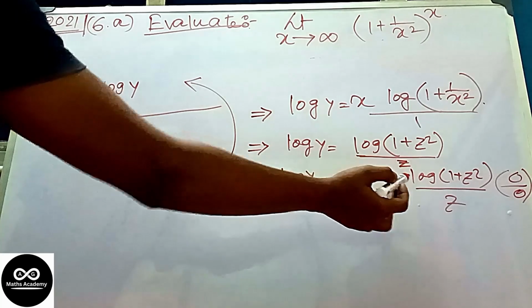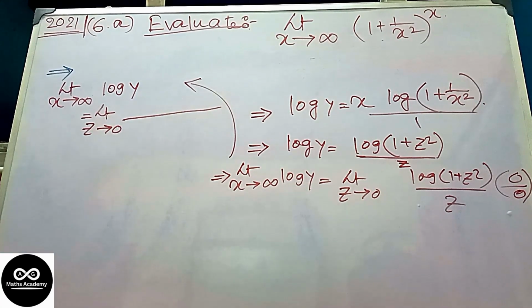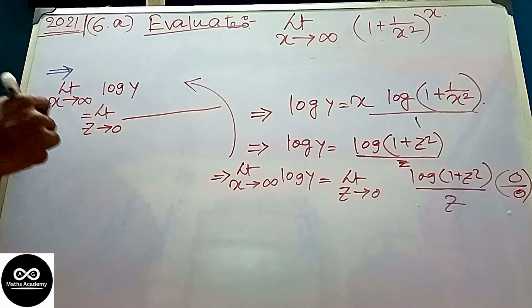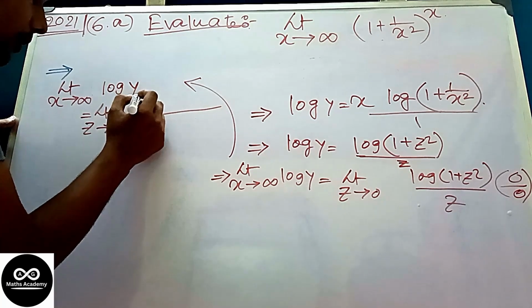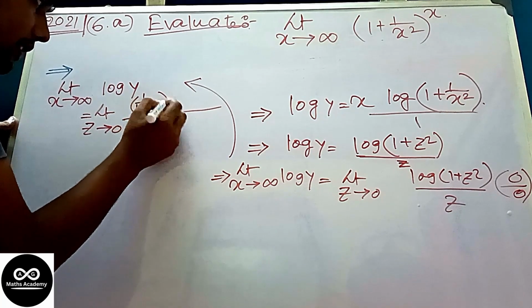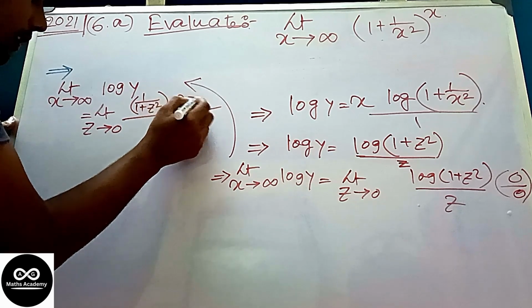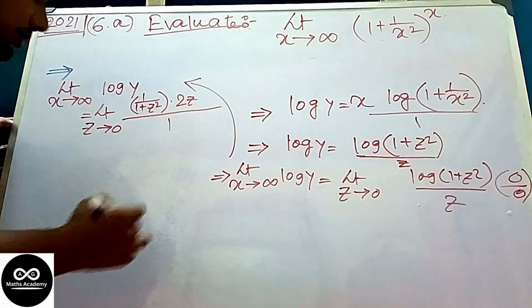differentiating the log of 1 plus z square, we get 1 by 1 plus z square, times the derivative of z square, which is 2z. Okay, and the denominator will be 1.